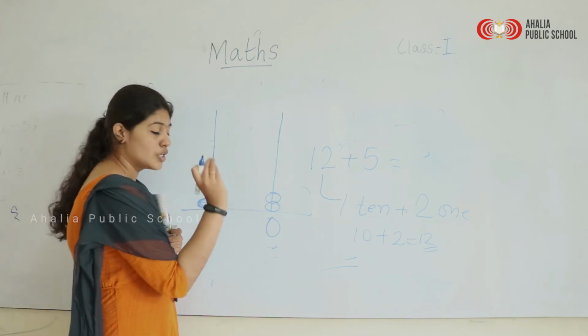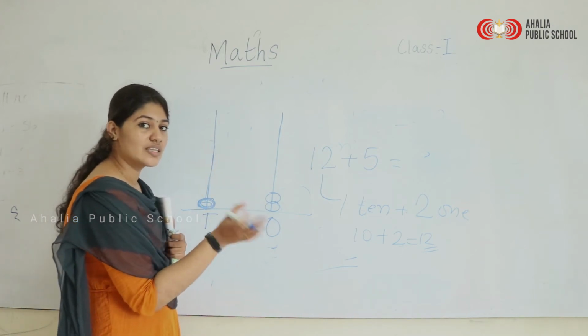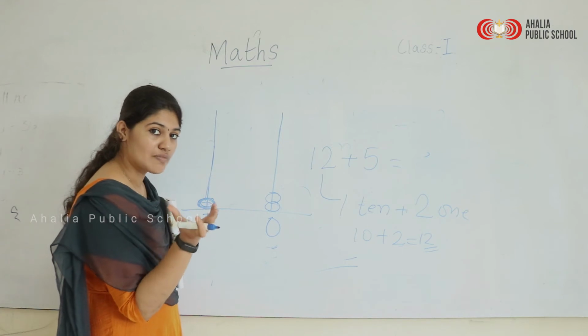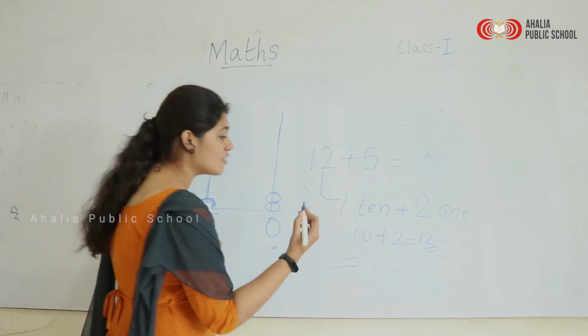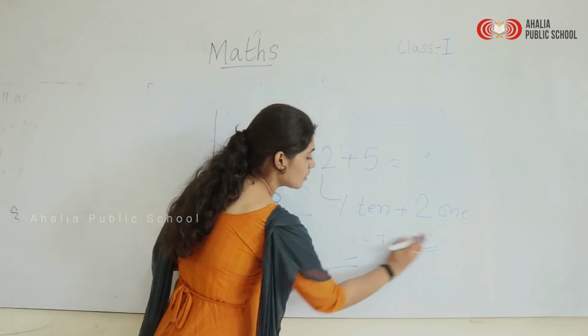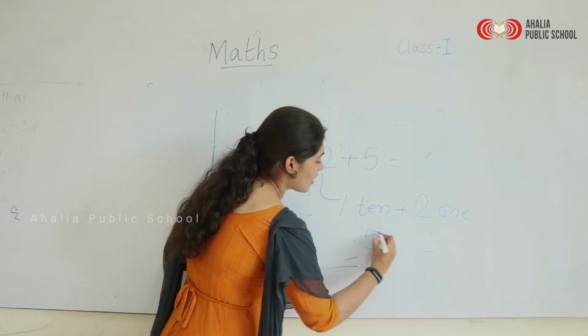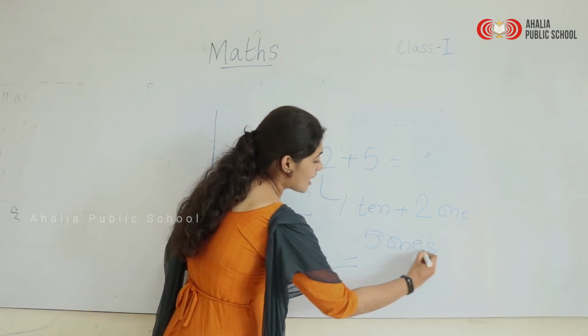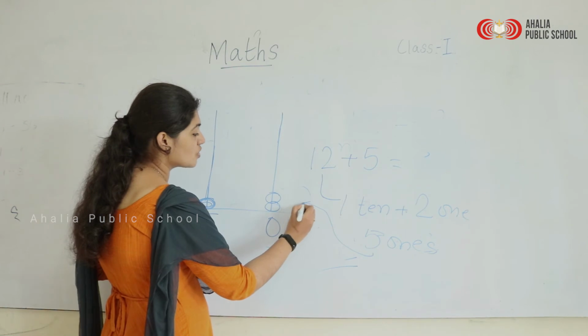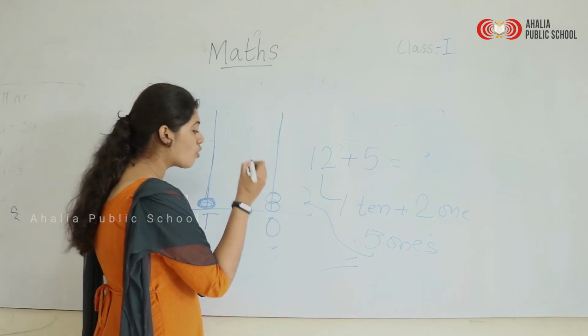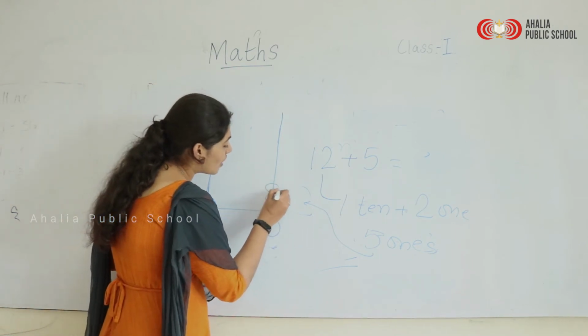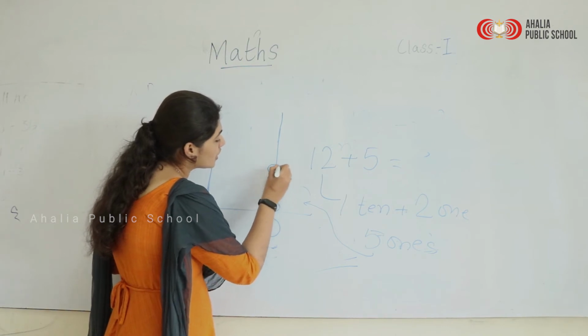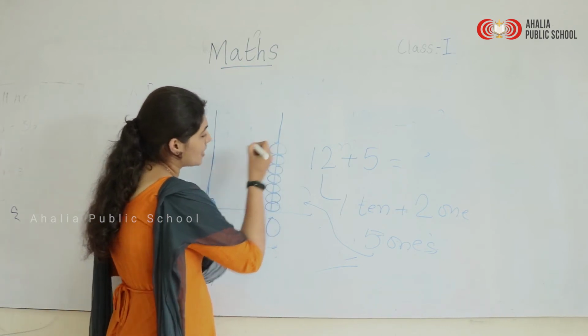What we have to do? 12 is to be added with the number 5. 5 means what, children? 5 means 5 ones, right? So we are having another 5 ones. So this 5 ones should also be included here. So 1, 2, 3, 4, 5.